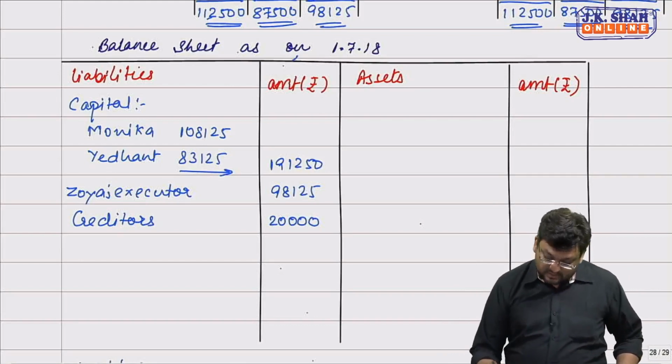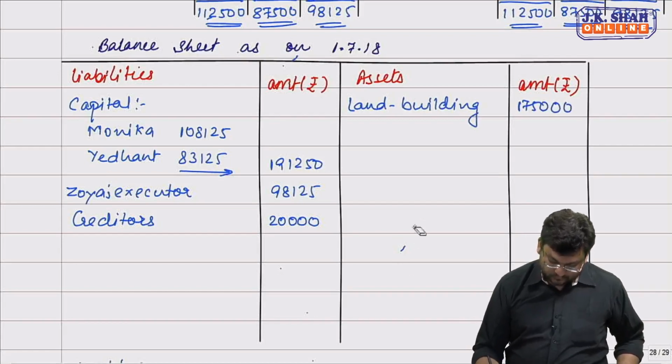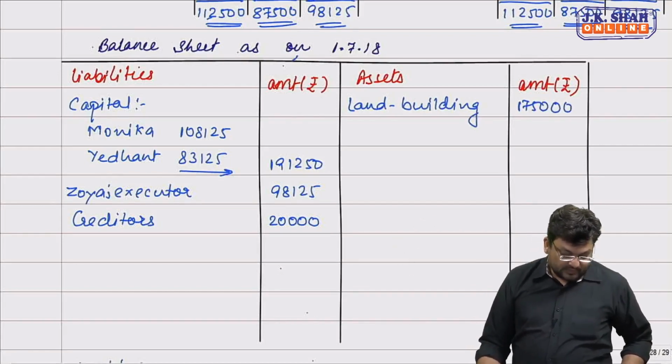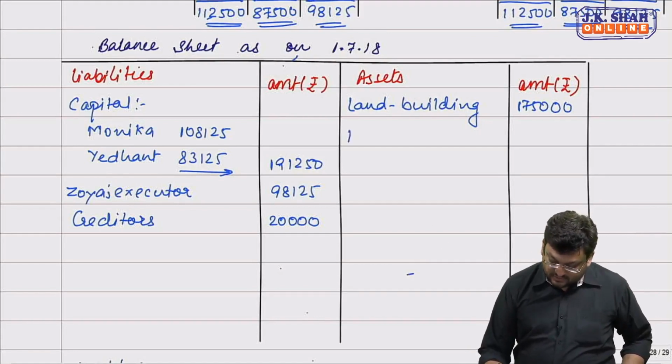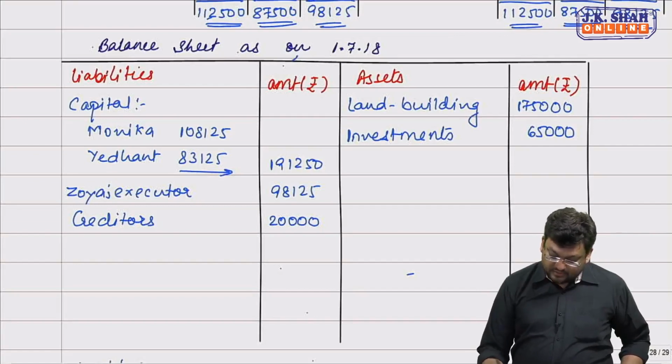Assets include land and building of 1,75,000. Investments unchanged 65,000. Stock in trade 13,500.